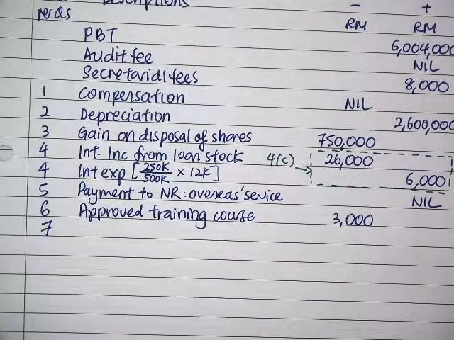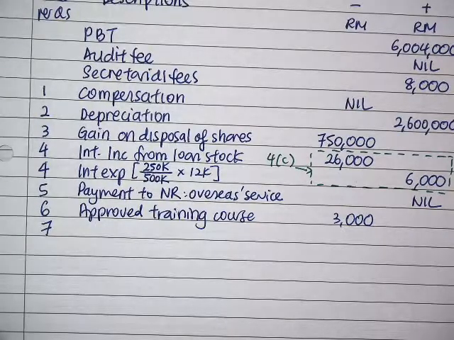Note 7. The travelling and accommodation expenses included leave passage for senior management personnel, 11,000 ringgit, which comprise overseas trip, local trip. Now, do you claim deduction for leave passage? Can you? Deduction for leave passage? No, right? Section 39 clearly says that leave passage to employee, whether it's overseas or Malaysia, are all disallowed.